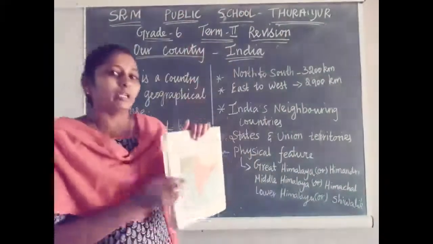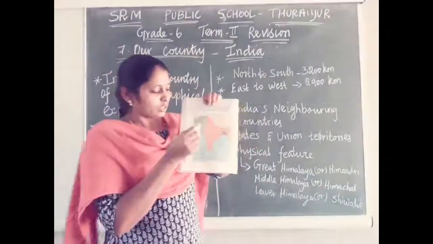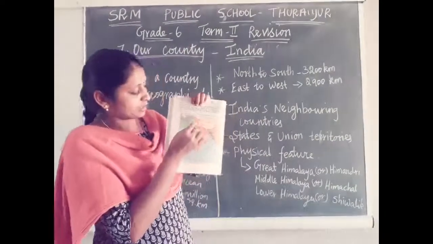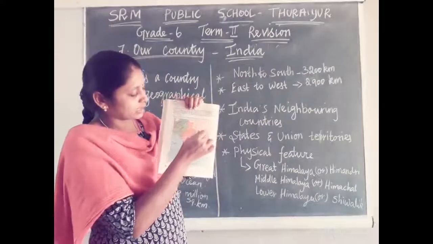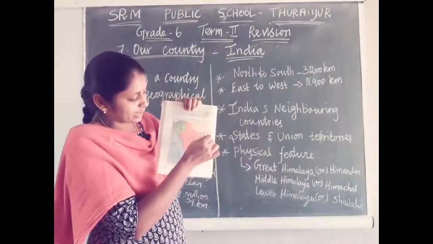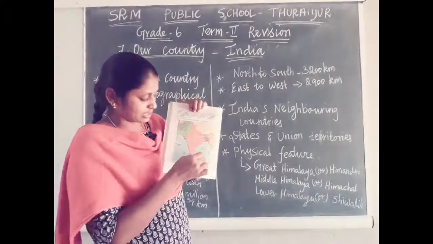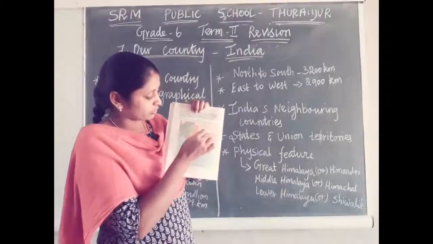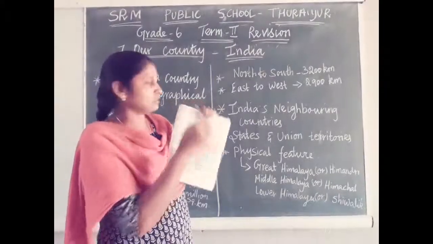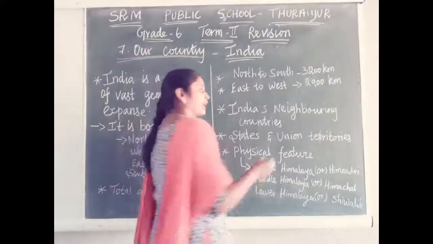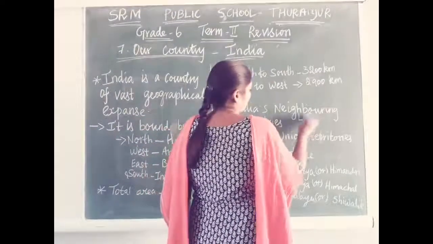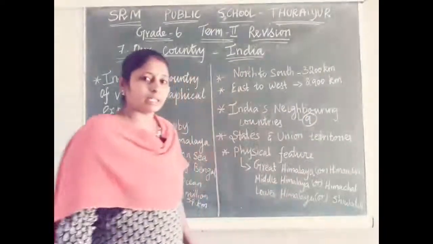How many countries do we have? Afghanistan, Pakistan, China, Nepal, Bhutan, Bangladesh, Myanmar, Maldives, Sri Lanka: 1, 2, 3, 4, 5, 6, 7, 8, 9. Altogether we have 9 neighboring countries.